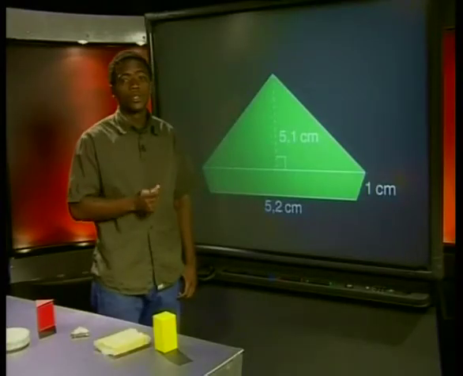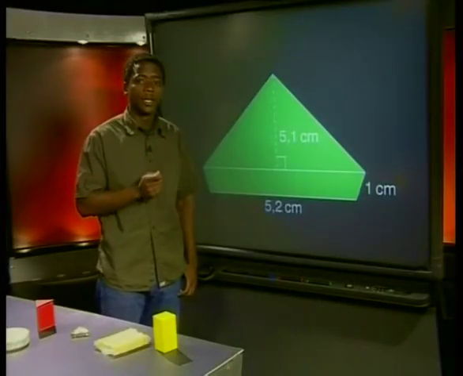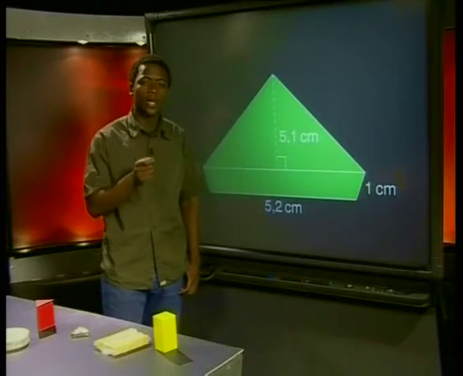Now we can substitute the values given in the diagram into the formula for the right triangular prism.